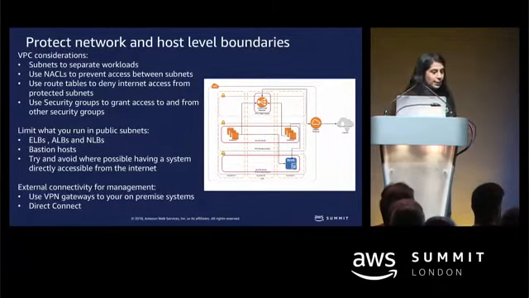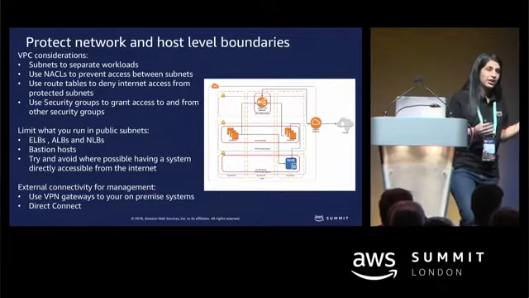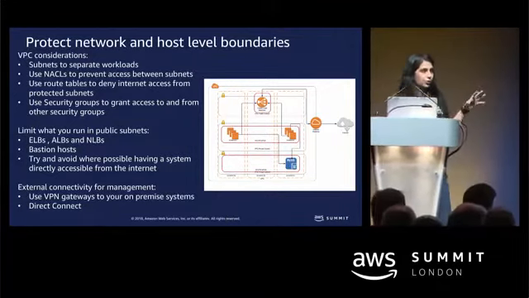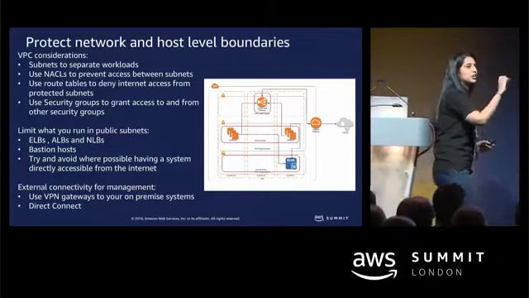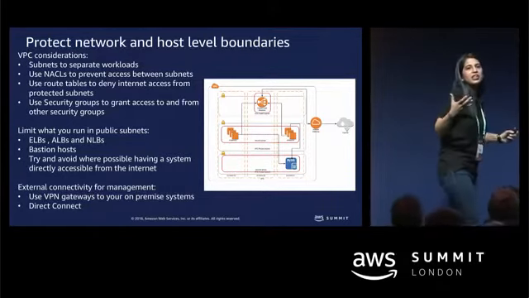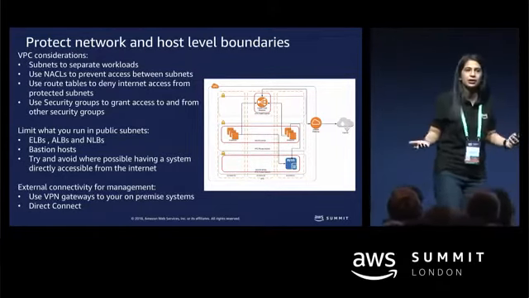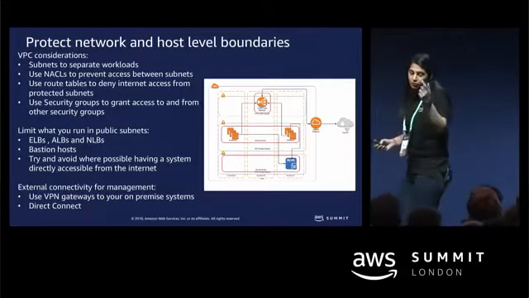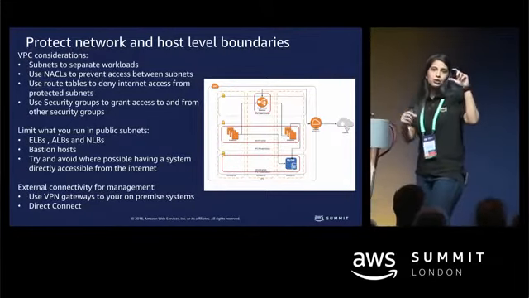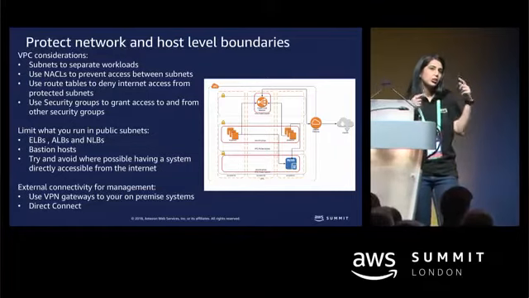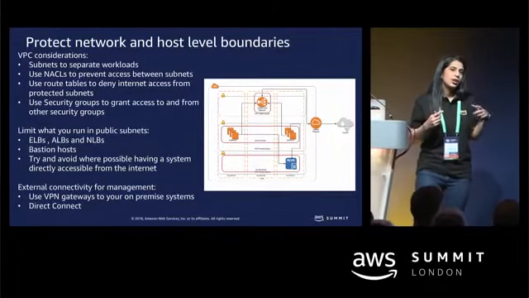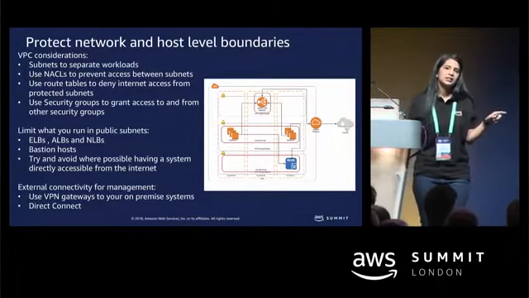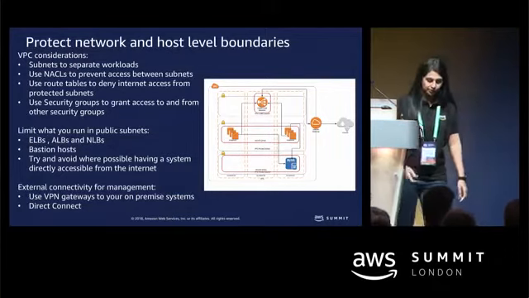You can use route tables to deny internet access for a protected subnet. So you have multiple subnets, private and public. Your applications don't need to be in a public subnet. And you can restrict access between those subnets using network ACLs, and within your instances using security groups.